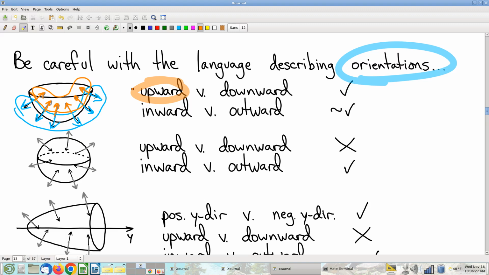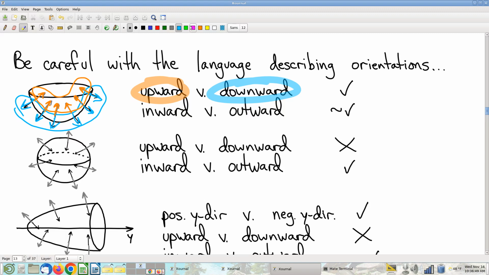So upward, pretty unambiguous what that means. And then likewise downward, analogously, unambiguous, right? If I say downward, which do you think I mean, orange or blue? No question, clearly we mean the blue one. Does that make sense to everybody? So heads up with the language, right?